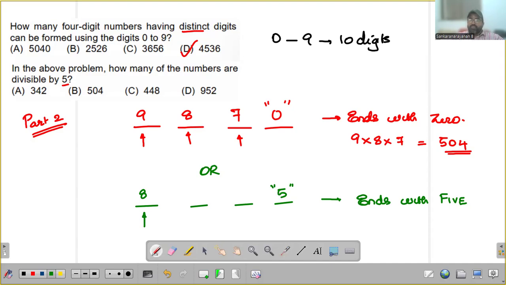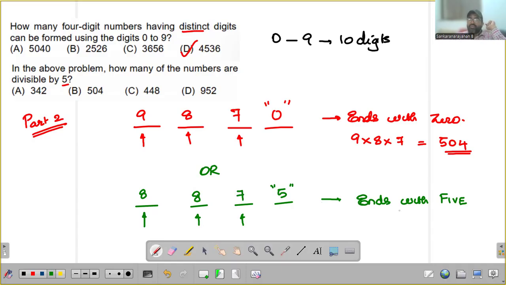Now, when I move from the thousands position to the hundreds position, you are aware that I have used up 5. I have used up another digit other than 0. So 2 digits are gone. So I can take care of the hundreds position in 8 ways. So I have used up 3 digits now. So remaining 7 digits, I can take care of the tens position in 7 ways.